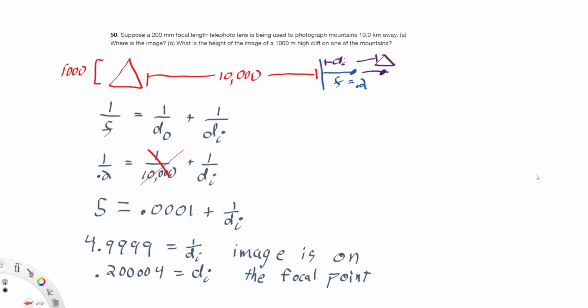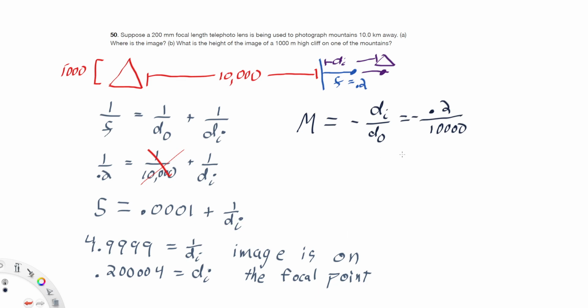All right, so once we have that, the magnification of a lens is equal to the negative of di over do, which is going to be negative 0.2 over 10,000.